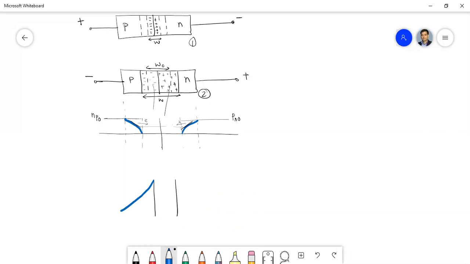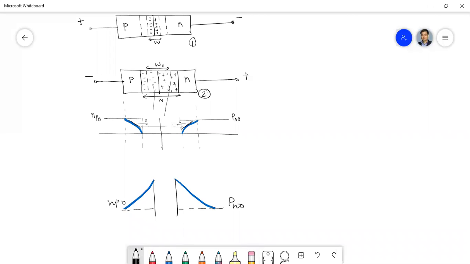This level is again dictated by this Pn0, and this level is Np0. So it cannot go beyond that.